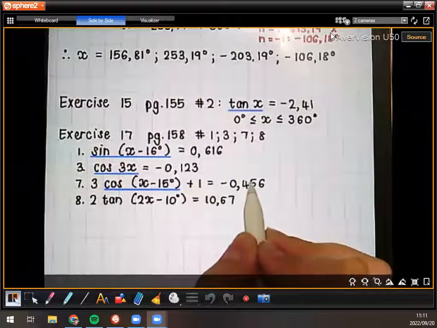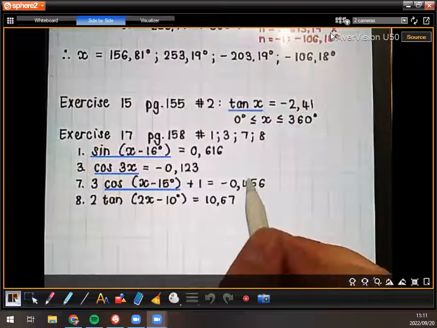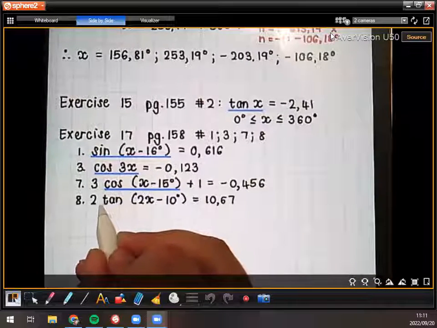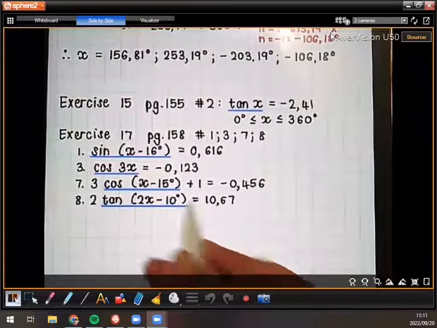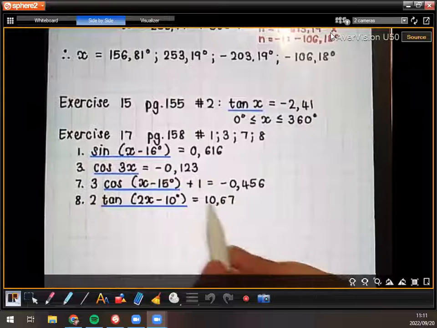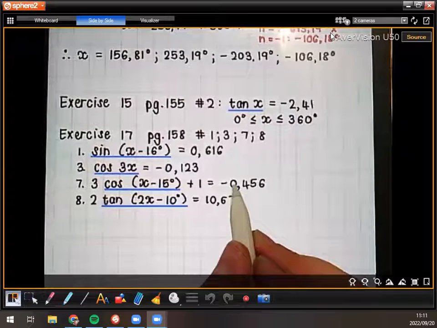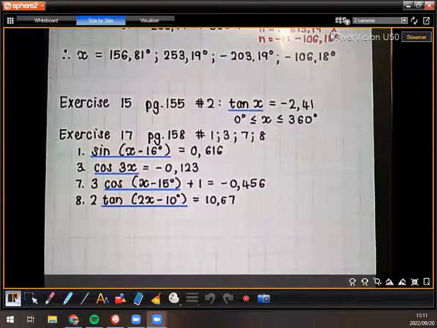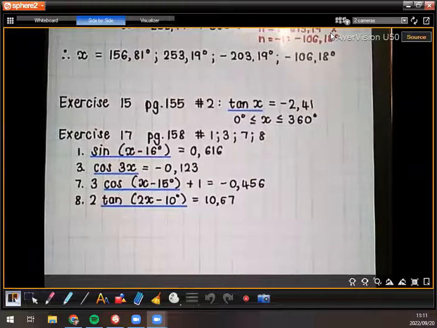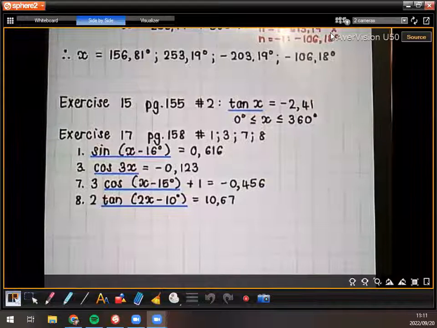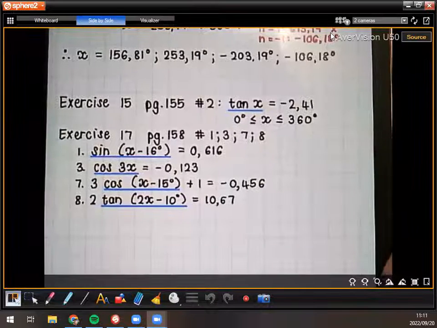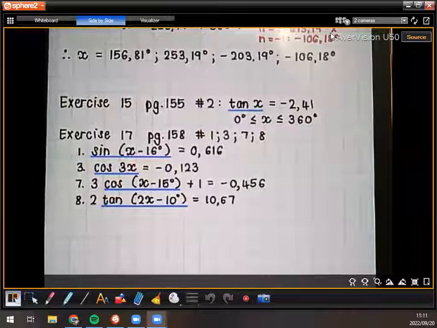So you're going to minus 1 and then divide by 3, right, in number 7. And the same thing in number 8. You're going to divide this number by 2 before you do your whole retrospective. Okay. So start working on that now. You have about 30 minutes. No, around 18 minutes, sorry. So you can do a good number of these in that time.